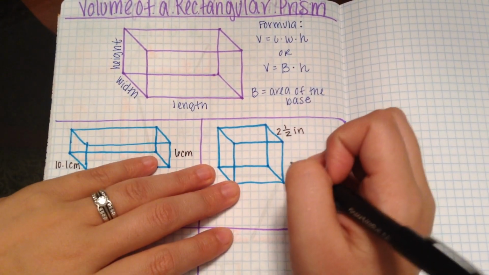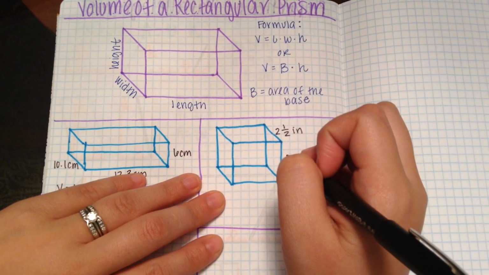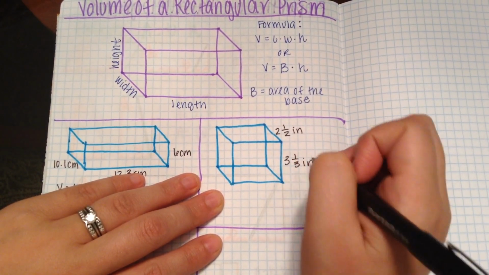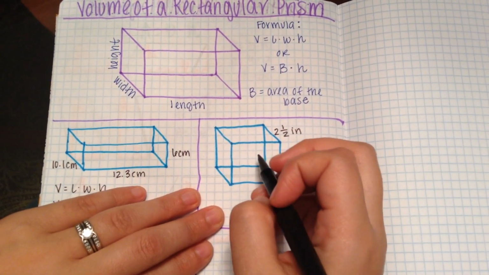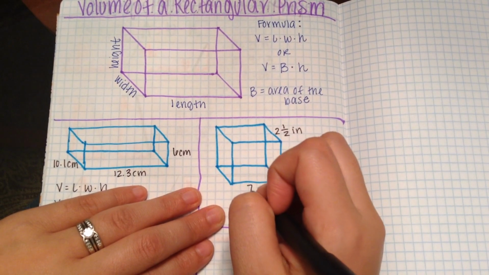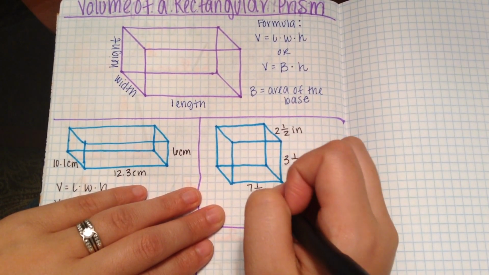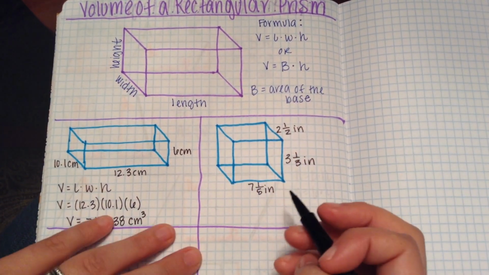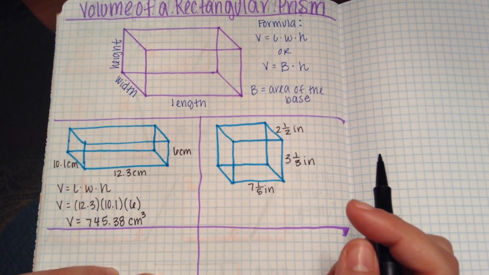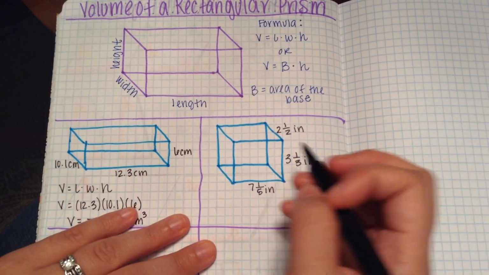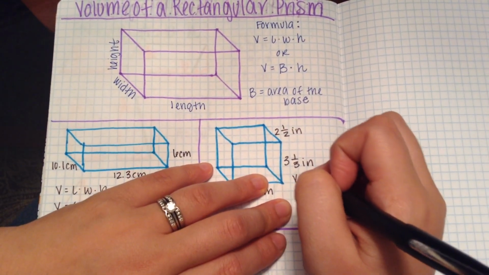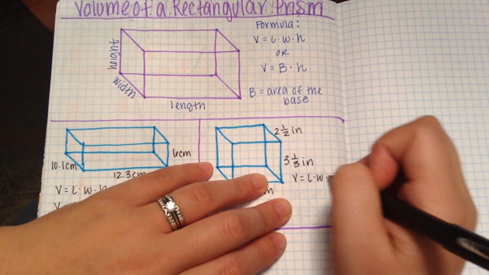This is 3 1/3 inches, and this is 7 1/5 inches. So we're going to do volume equals length times width times height.